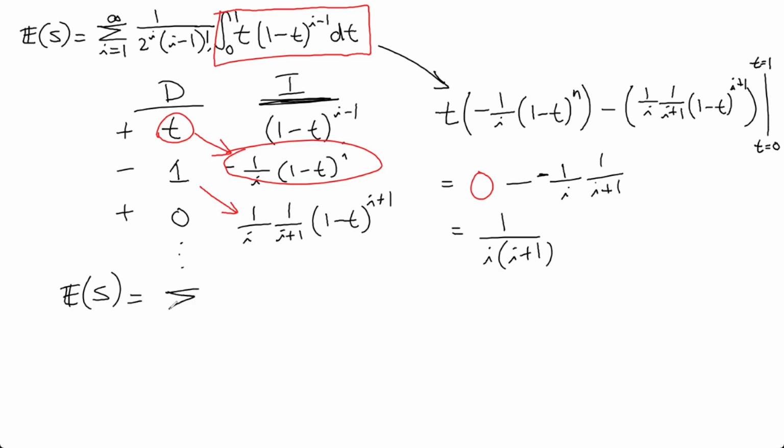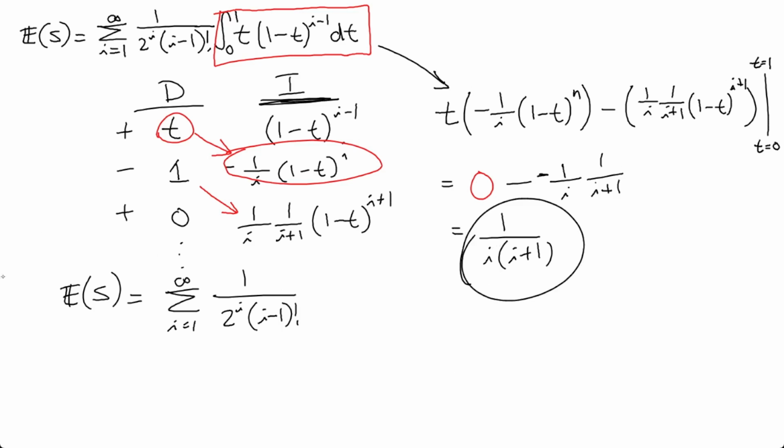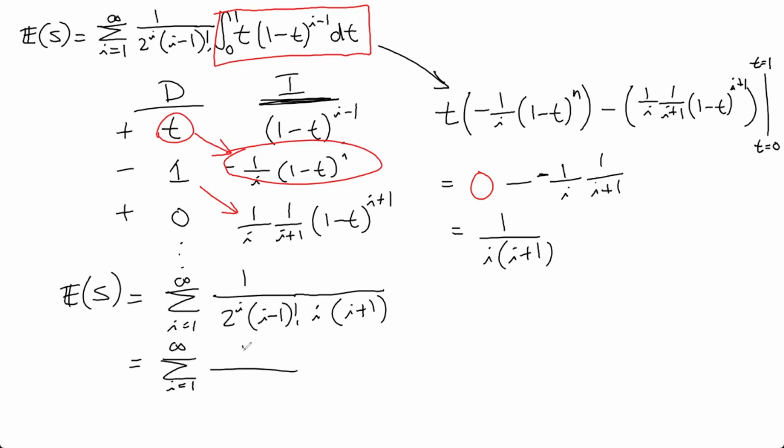So the expected value of S is the infinite sum of 1 over 2 to the i times (i minus 1) factorial times the integral which we just found was this quantity. I can simplify this. This is just going to be (i plus 1) in the denominator, factorial.